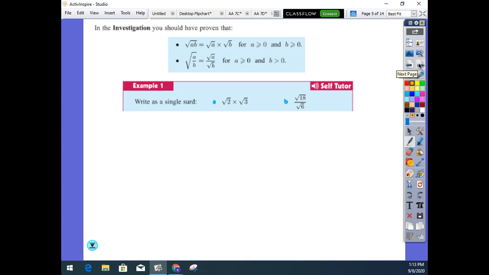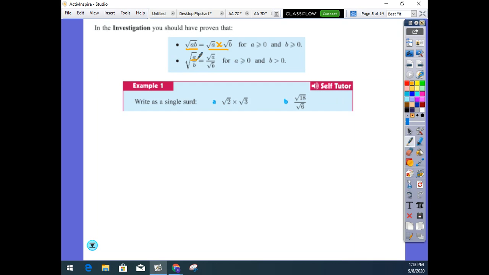Okay, so we can multiply under the radical and we can separate it. And we can go back and forth. If we have two separate radicals that are being multiplied, we can combine them. We can also divide. We cannot add or subtract. We can't separate that though. It's only for multiply and divide.